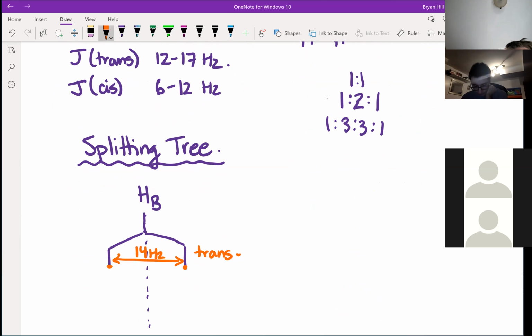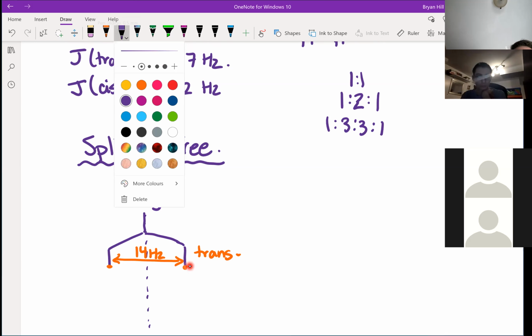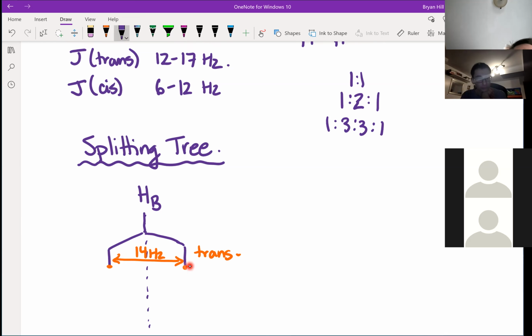Let me get my laser. One peak here and one peak here. So that would be, if there's only one proton there. But that's not what we have. We've actually got another proton. It's the cis variety.